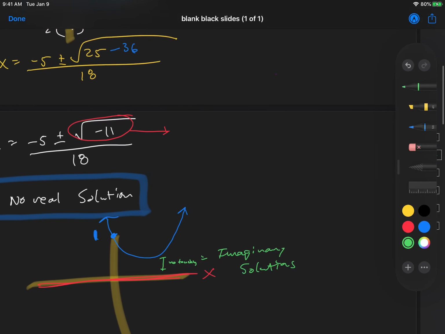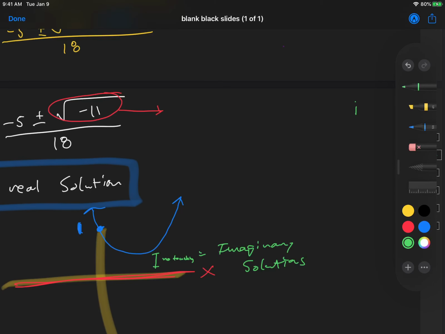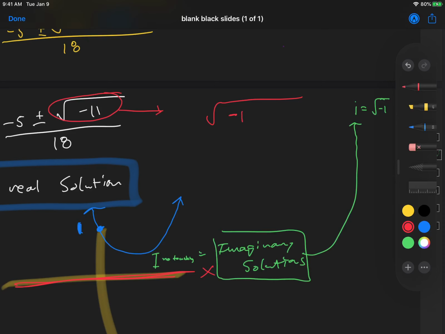So you need some kind of information that i equals the square root of -1. Okay, so i basically means imaginary. How do I apply that for that -11? So you would do something like this.